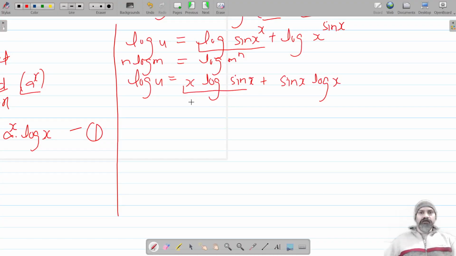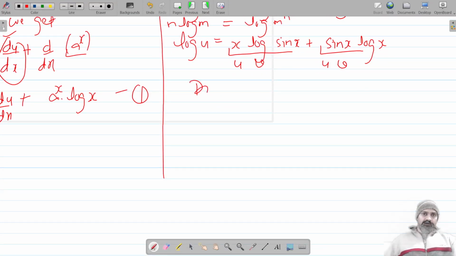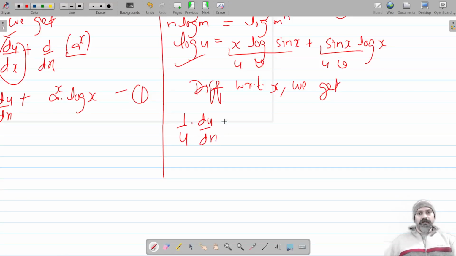Now for both these, this is u and v, and this is u and v, and now it's ready to be differentiated. So differentiating this with respect to x, we get, differentiation of this is 1 by u into du by dx, and for this we are going to use the product rule.